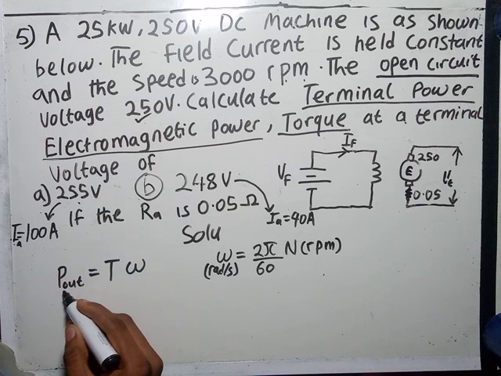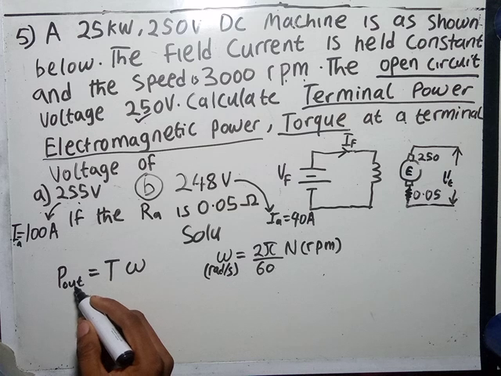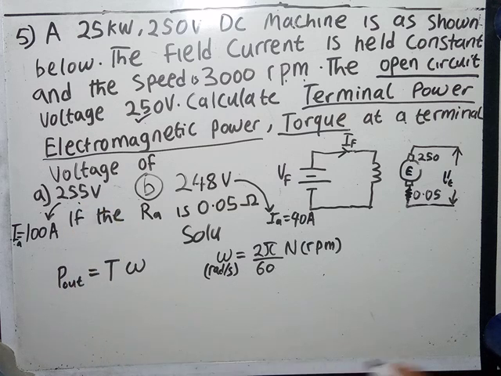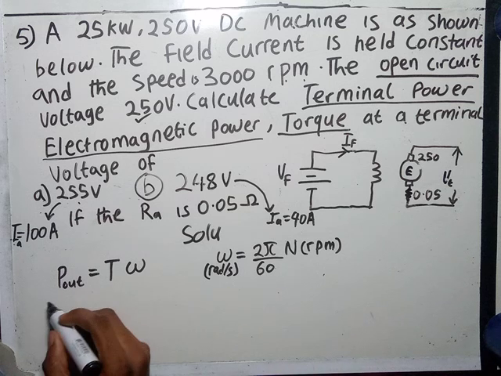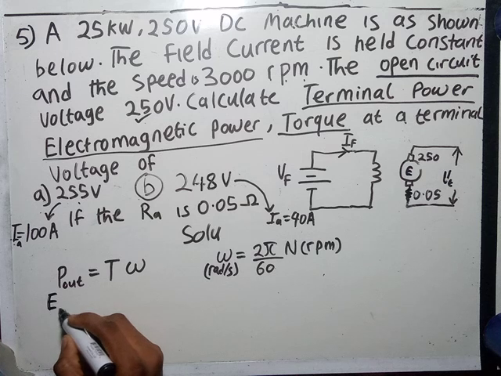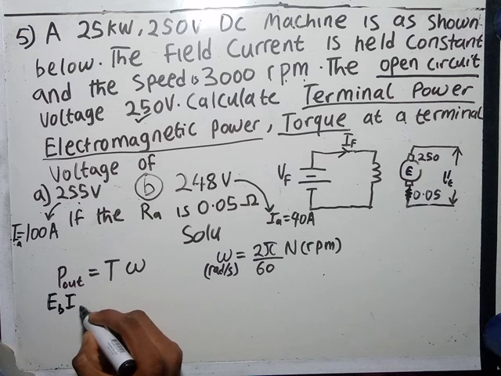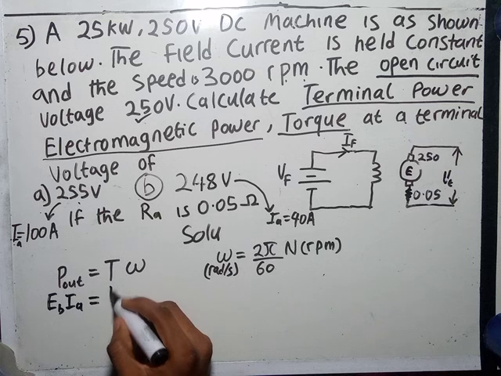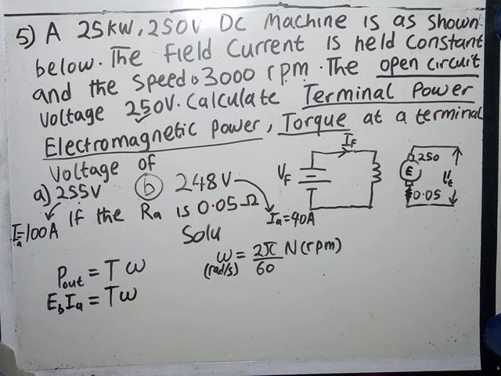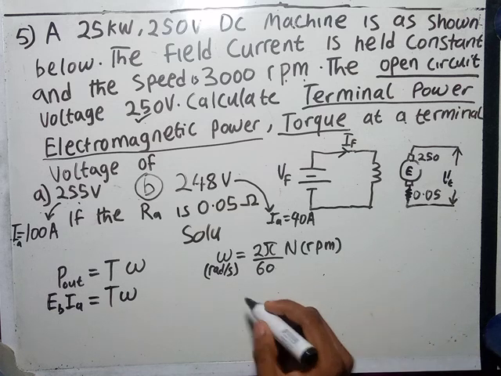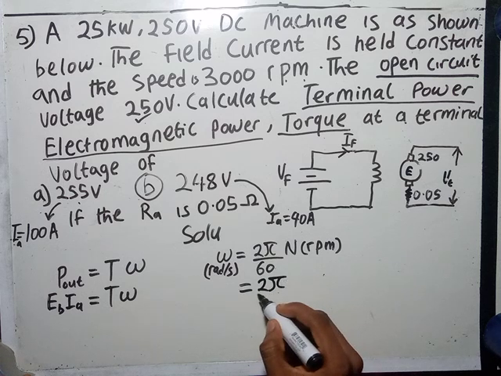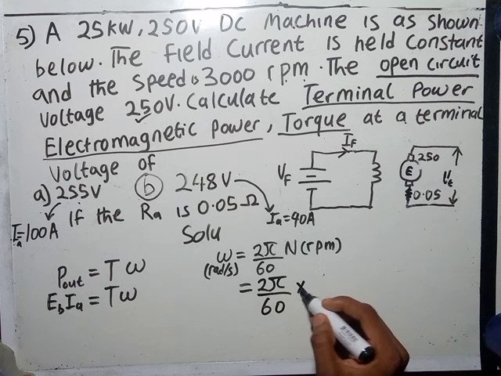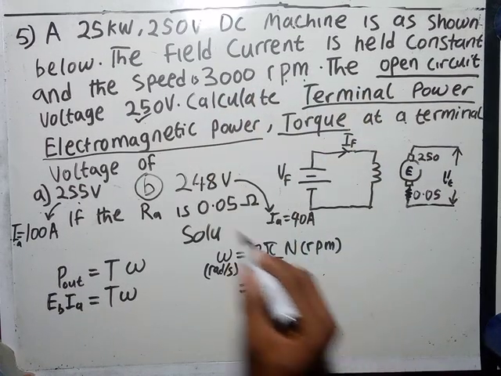So knowing this, we can get our W. We have previously gotten our P out for each case, but we can still equate this to be our EB IA is equal to T W. Now for us to get our W, we input our values, which is 2 pi over 60 multiplied by our 3000, which was the speed given to us.